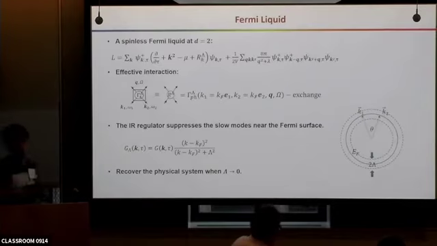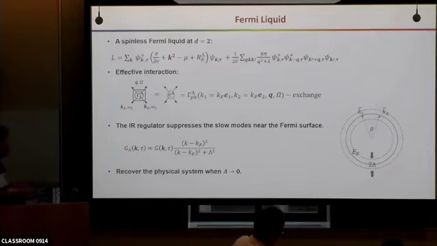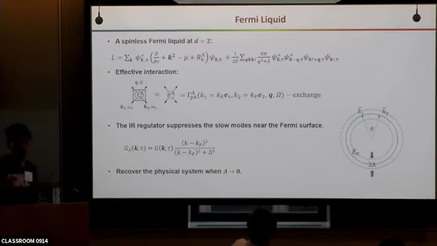And the perturbation will always be very good if this running coupling lambda is near the UV scale. Then when you gradually lower the energy scale, you can study how this renormalized coupling flows. And eventually, when you send this energy scale lambda to 0, you recover the physical system. Okay? So you can understand it as an annealing protocol.